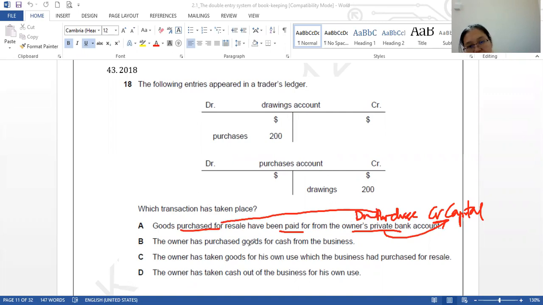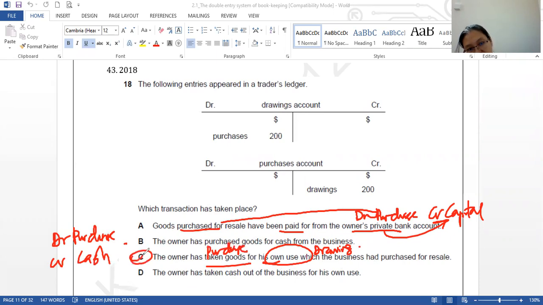The owner has purchased goods for cash from the business. So your double entry will be debit purchases, credit cash. The owner had taken goods for his own use. Own use is a drawings account. So this taken goods is purchases.